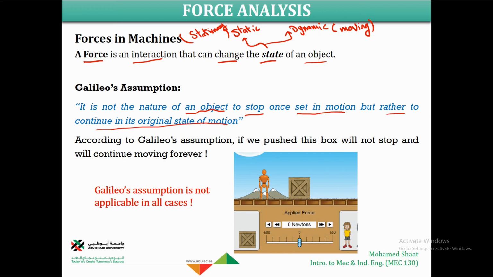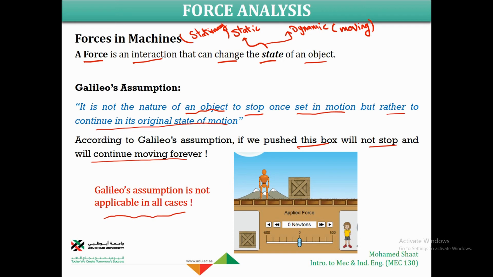So according to Galileo's assumption, if we push this box, which is shown in this image, it will not stop and will continue moving forever. This is not accurate and this is not acceptable in all cases. It is acceptable under only one condition. What is this condition? In case the net of the forces acting on the box is zero, yes, this box is going to continue to move.